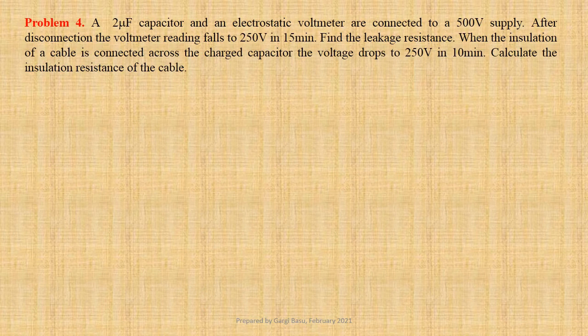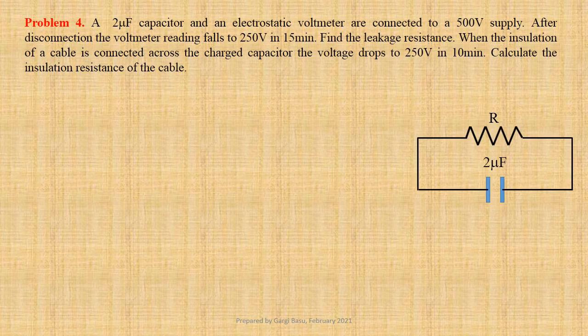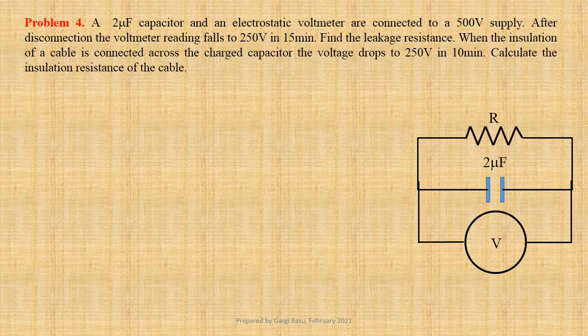Problem number 4. A 2 microfarad capacitor having leakage resistance R and an electrostatic voltmeter are connected to a 500 volt supply. After disconnection from the supply, the voltmeter reading falls to 250 volts in 15 minutes.